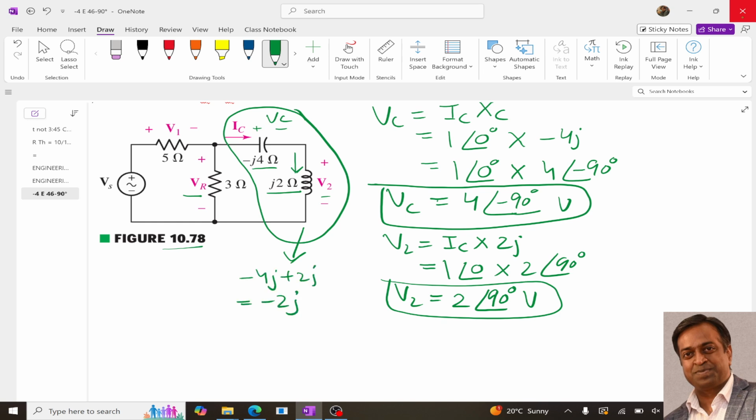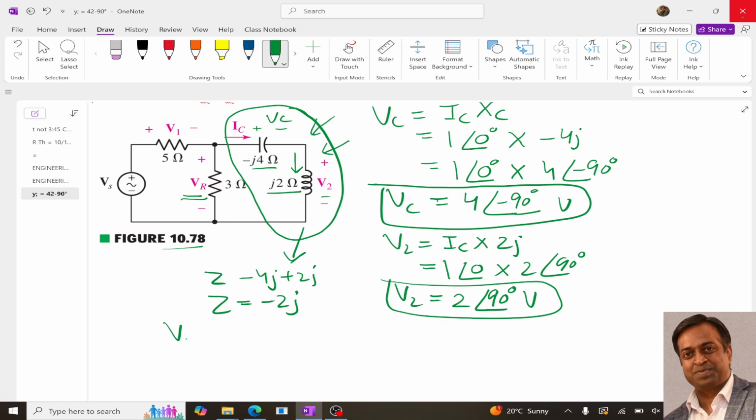The current flowing is IC, so the total voltage drop across it is VR, the same as across the 3 ohm, because they are in parallel.